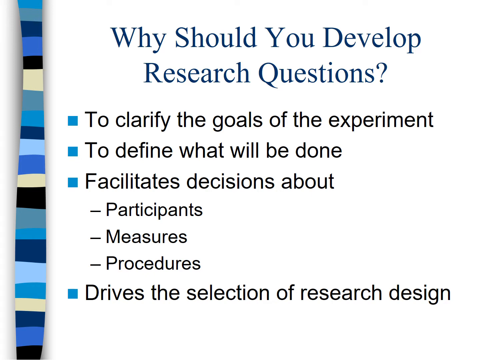Once we know what we're going to do, then we have to make some decisions that will help us move forward. One of the first decisions is who will participate in the study. What group of individuals or what characteristics of the participants are we interested in looking at?